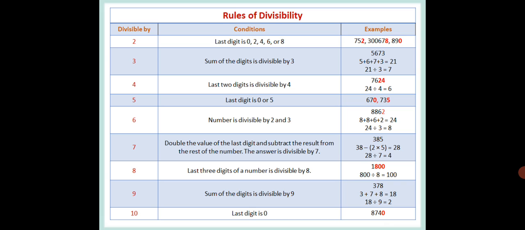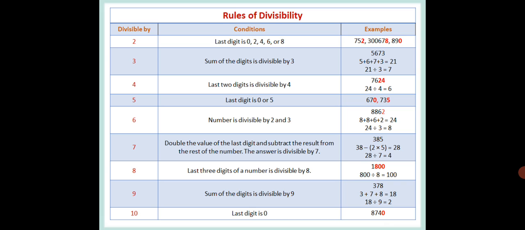Again I am repeating. Double the value of the last digit of the number and subtract that from the rest of the number. If the answer is divisible by 7, then the whole number will be divisible by 7.